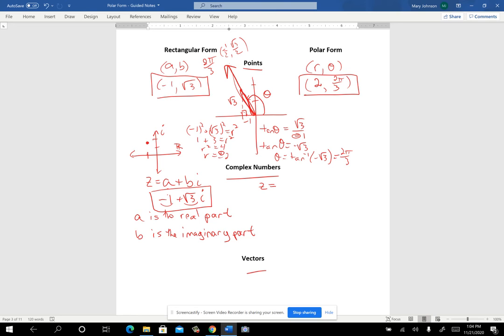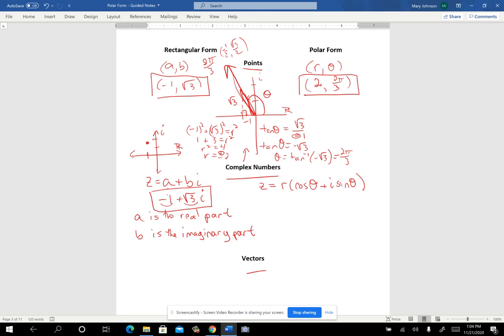So it's going to look like this. It'll be r cosine theta plus i sine theta. So you need to determine what the angle is and what the r is. And you basically do what you saw right up here, but you're just thinking about this being the real number axis and this being the imaginary axis.